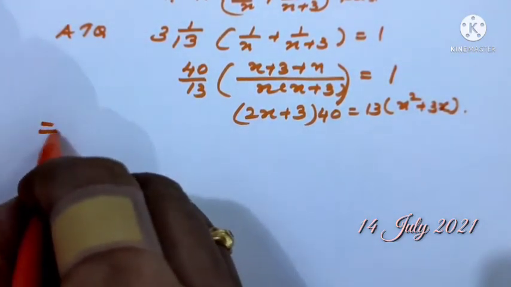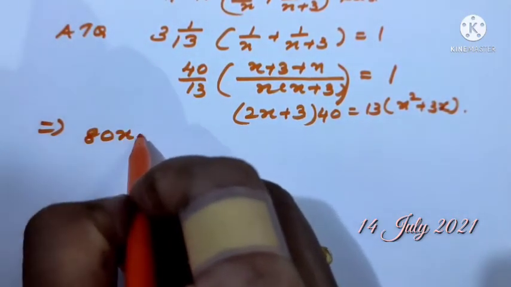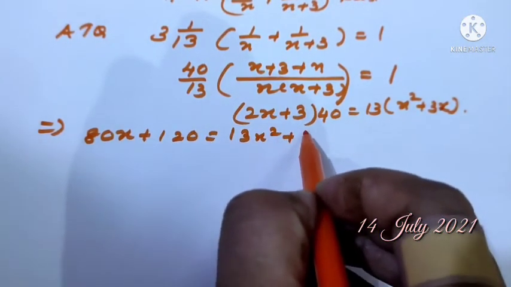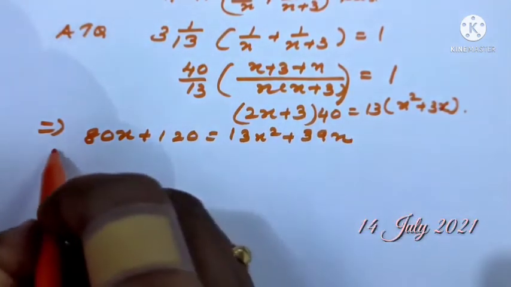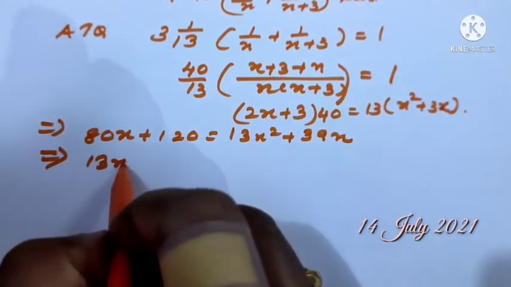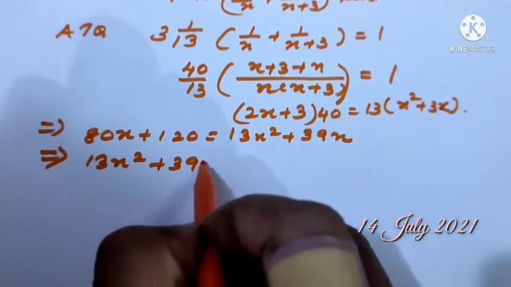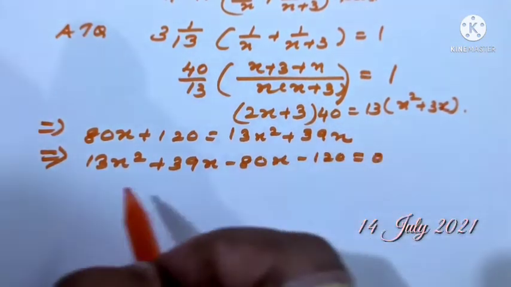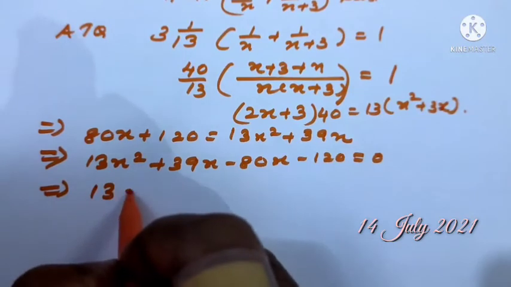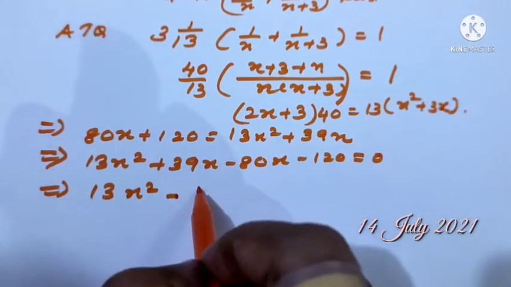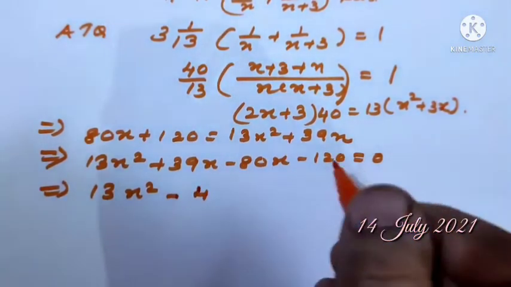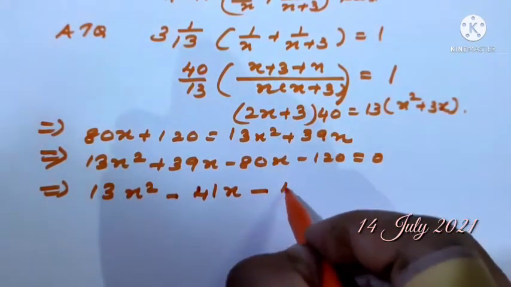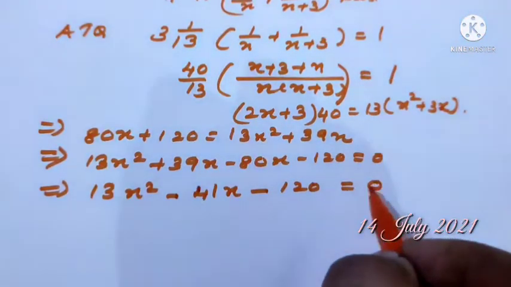So that means 80x plus 120 equal to 13x square plus 39x. So 13x square plus 39x minus 80x minus 120 equal to 0. 13x square minus 41x minus 120 equal to 0.